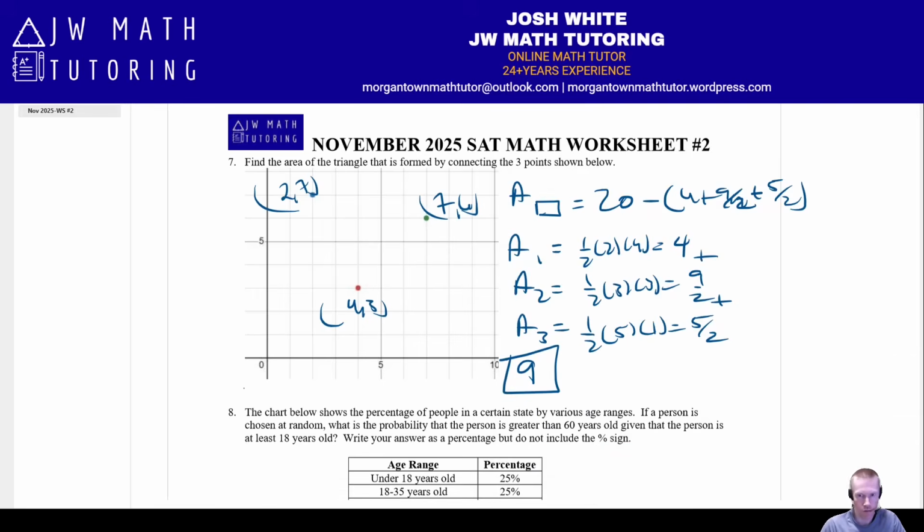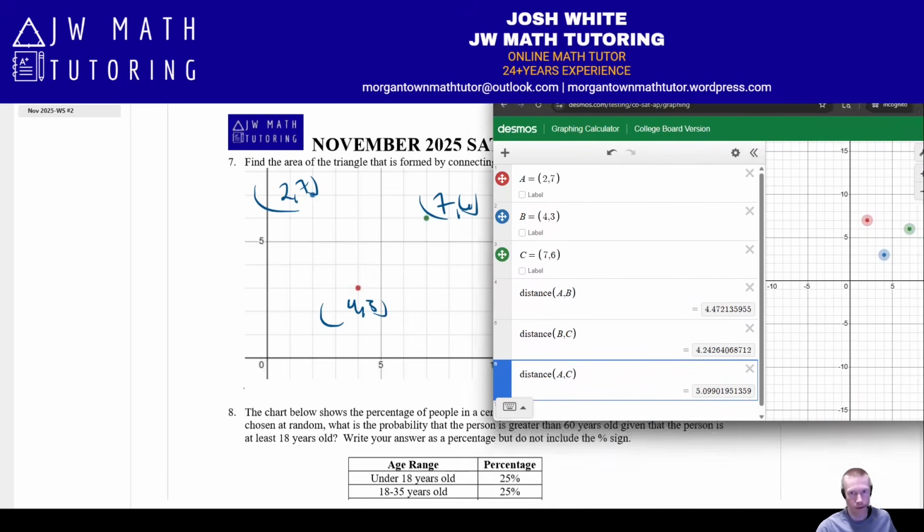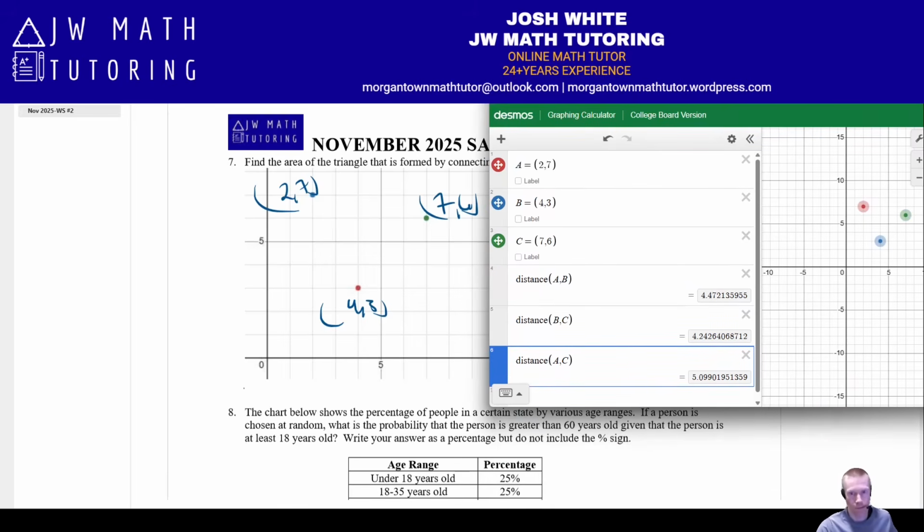Now, for Heron's formula, you have to first find the S value, the semi-perimeter. That is going to be basically the three distances, I'm just calling them A plus B plus C, all divided by 2. Okay, so now I'm going to slide this up here.